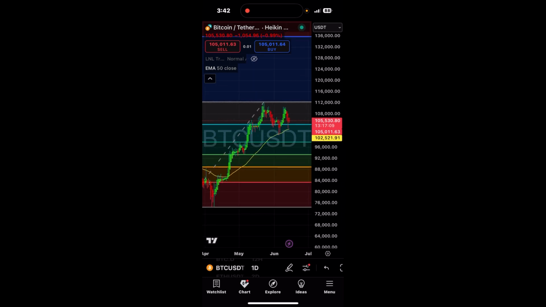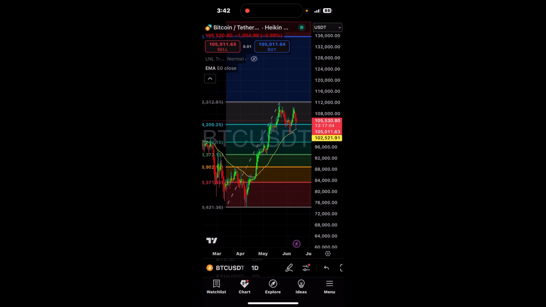Then you can clearly see good points, depending on what you want to do, whether you want to find the best moments to buy in to dollar cost average, or find bouncing zones.